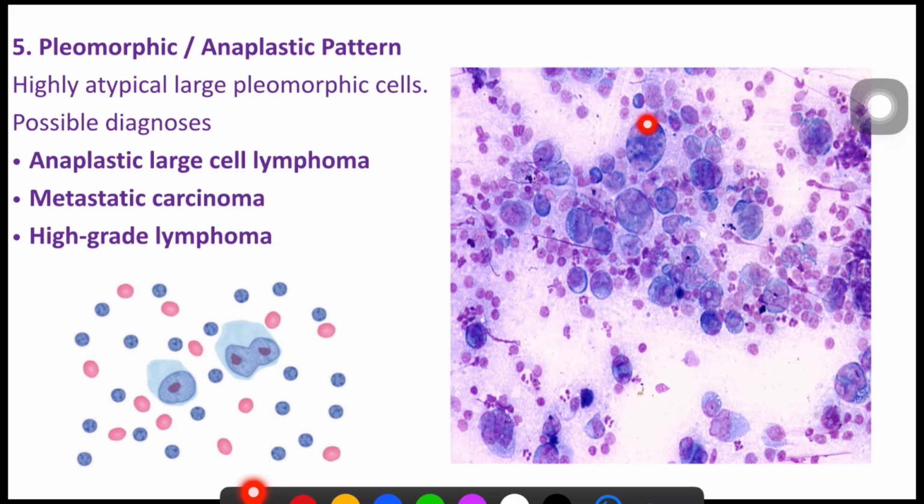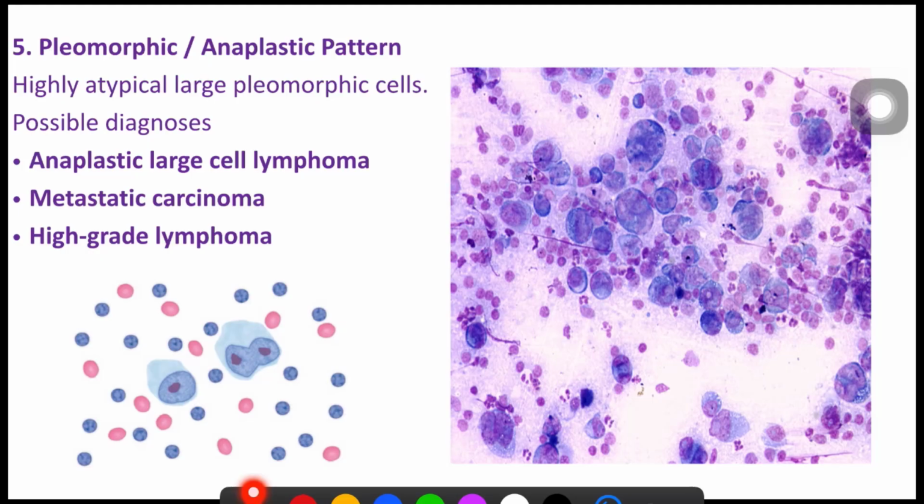So this is the case of anaplastic large cell lymphoma. This is the mature lymphocyte. You can compare this cell with this large anaplastic blastoid cell of ALCL. So this is an anaplastic large cell lymphoma smear.